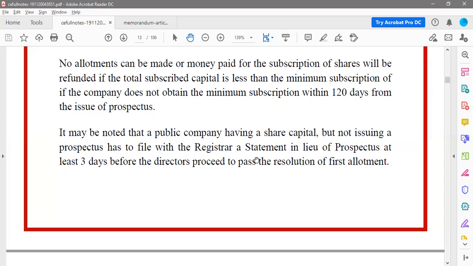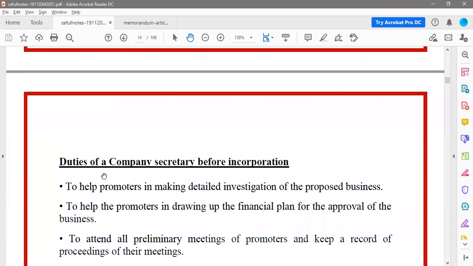And this has to be filed with ROC at least 3 days before giving shares to outsiders. But when the public company is actually giving it to the general public, they always go with the prospectus. That way it is very easy for them to maintain the accounts.